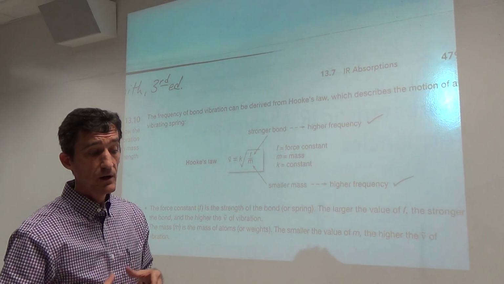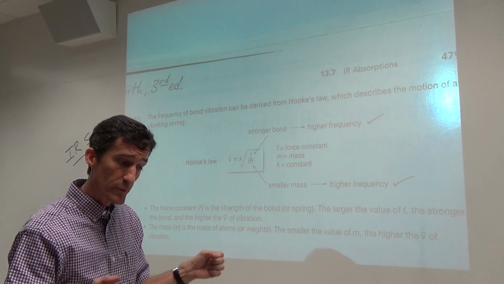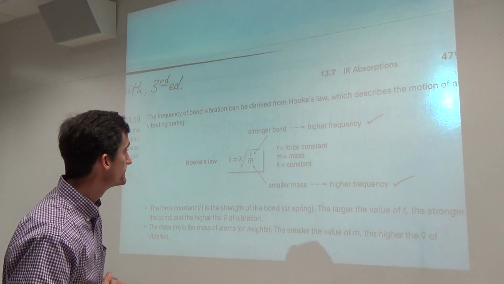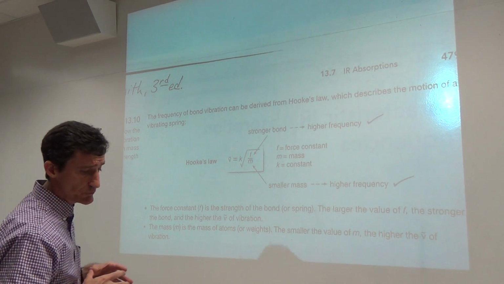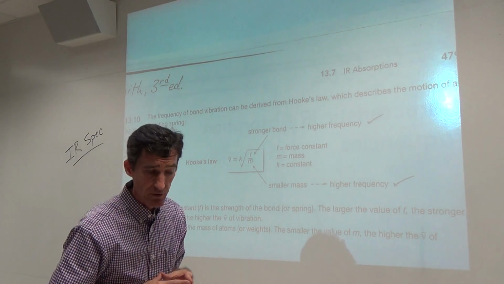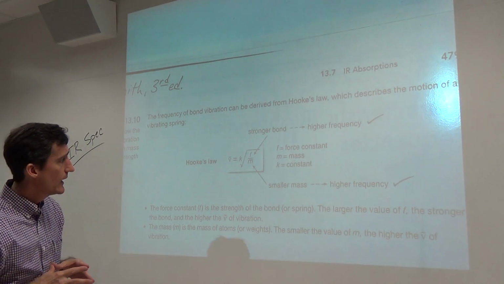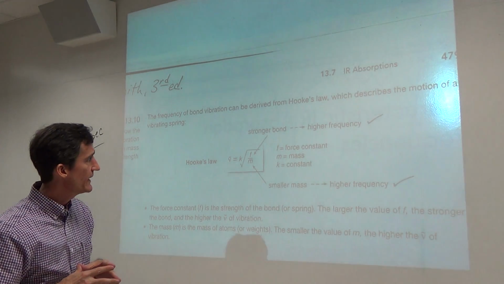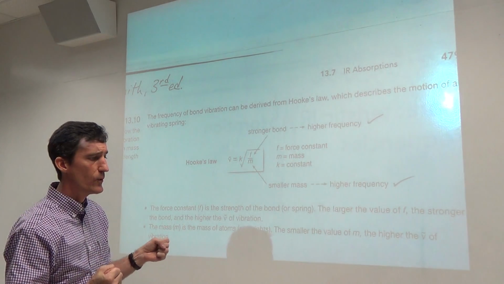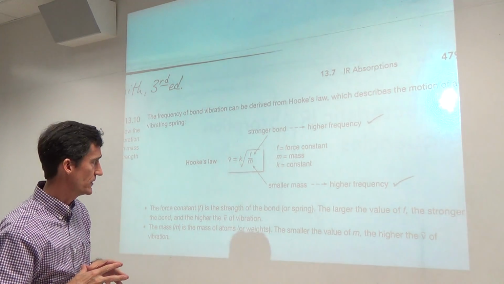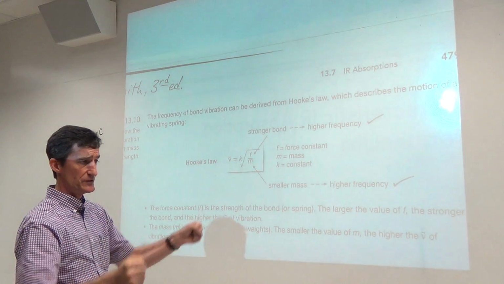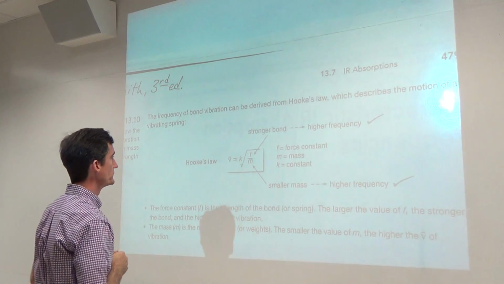In a nutshell, the more polar the bond, the more prone it is to absorbing the IR. At this point, I ask you to refer more to your physics coursework and ask questions about the fundamentals of how and why the bond absorbs the IR. But it takes it to a higher vibrational level.